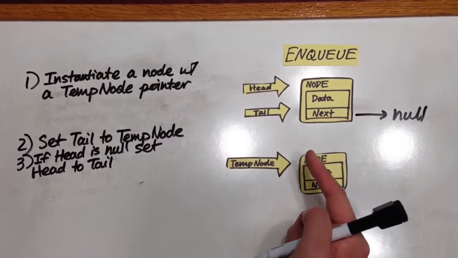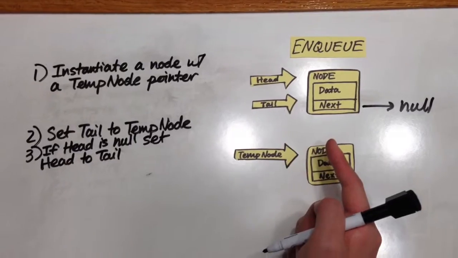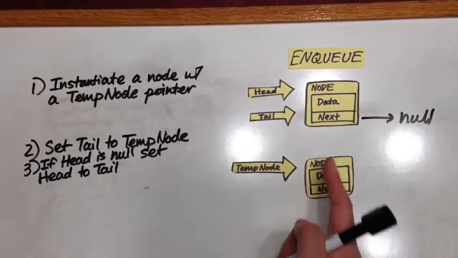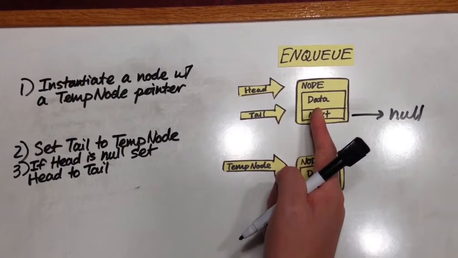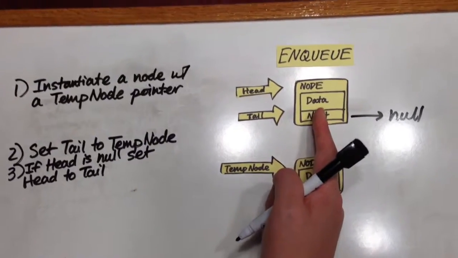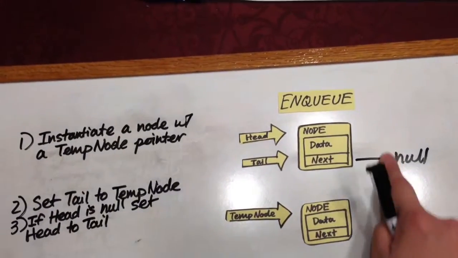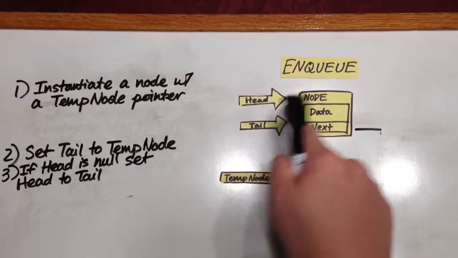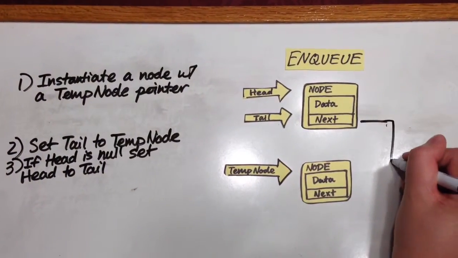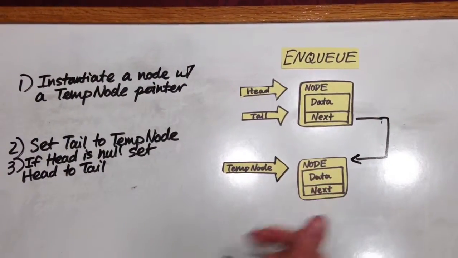So in order to keep track of where all the nodes are, we're going to attach next of our last node to the new node. So tail.next is equal to temp node.